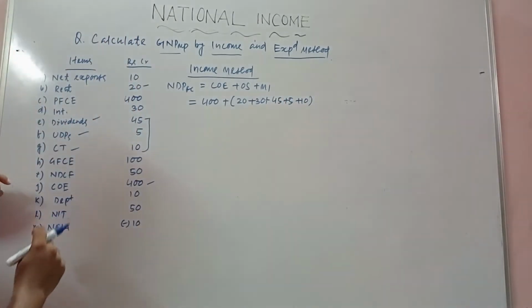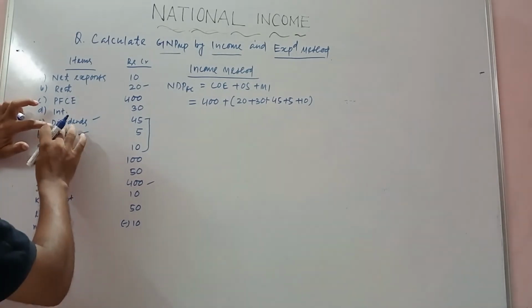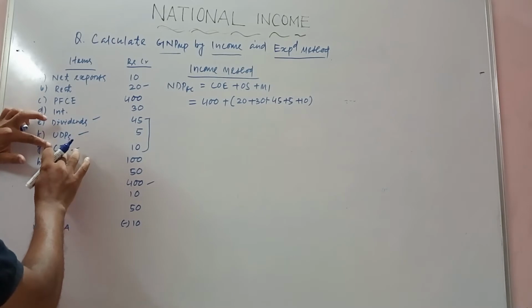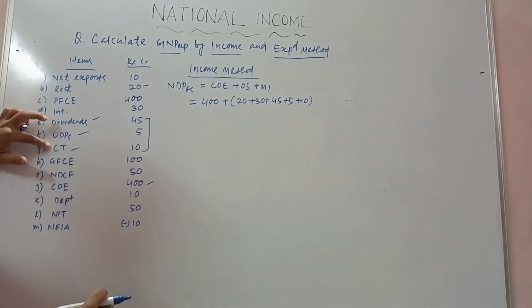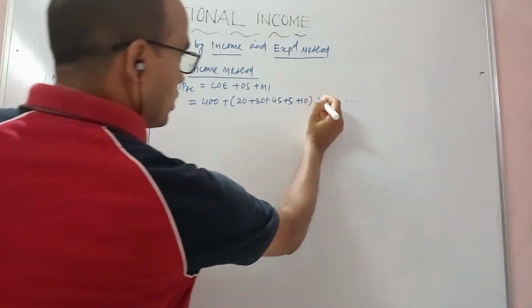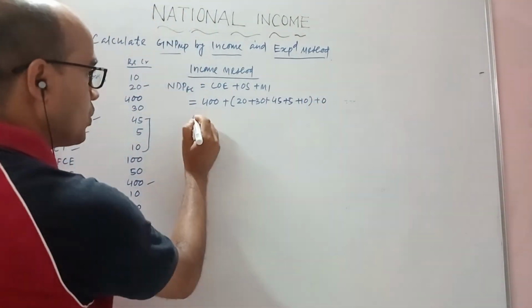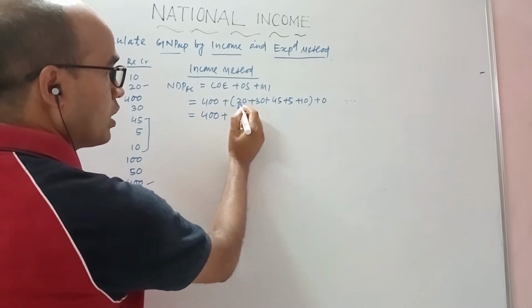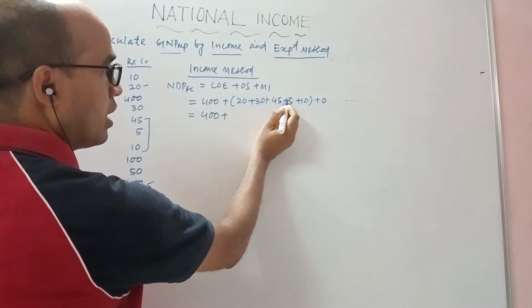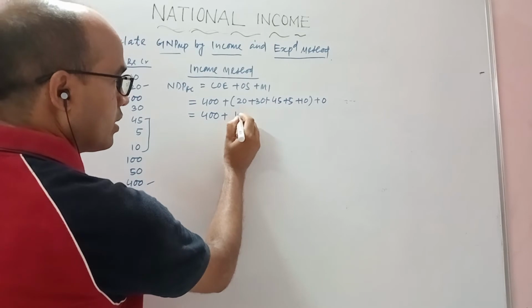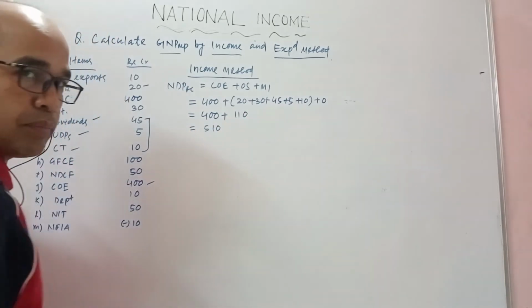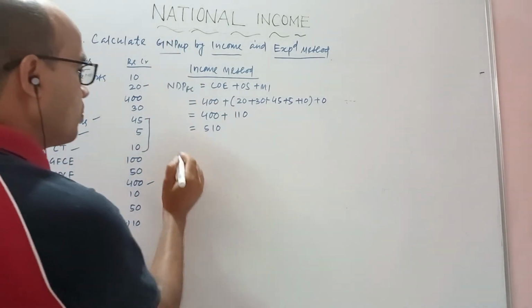Mixed income is not there in the question, so you put 0. So how much are you getting? 400, then 20 plus 30 is 50, then 50, then 60, giving 510 as your NDPFC. But they want to calculate GNPMP.